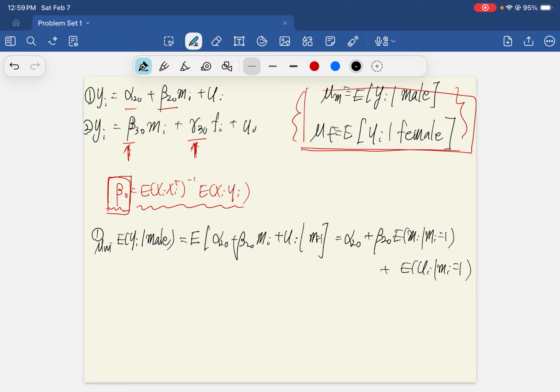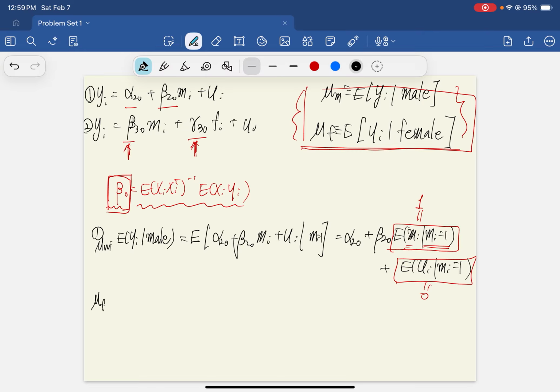I forgot to mention this in the question. I have to assume this equals 0. That is the exogeneity assumption. And of course this is 1, always 1, because when m is fixed as 1, it is 1. So that is the conditional expectation for man.